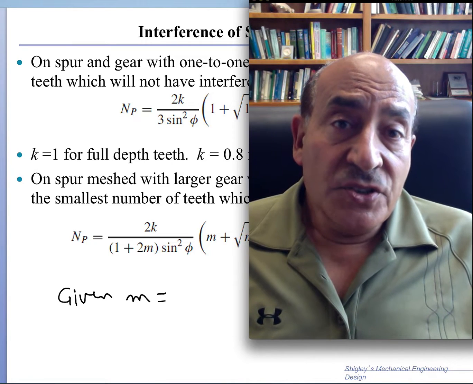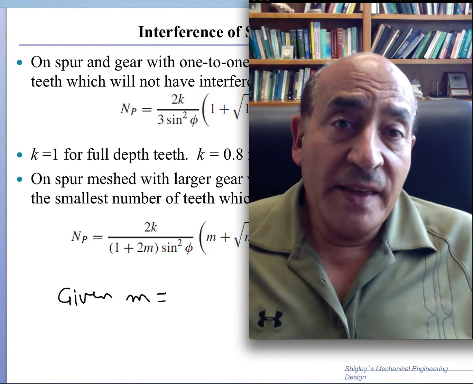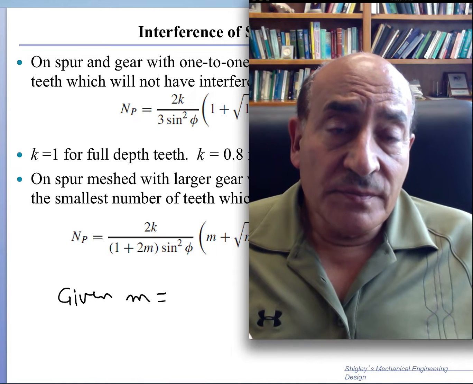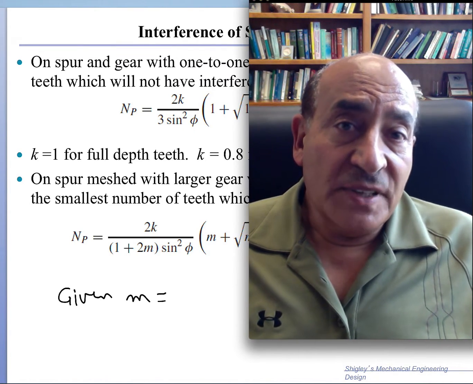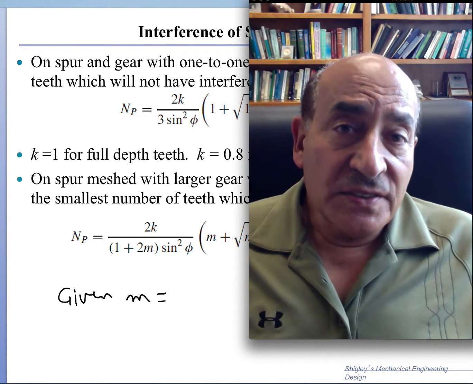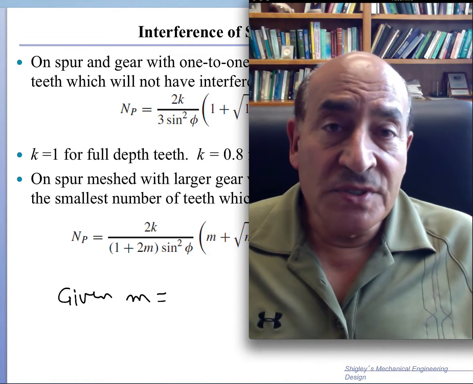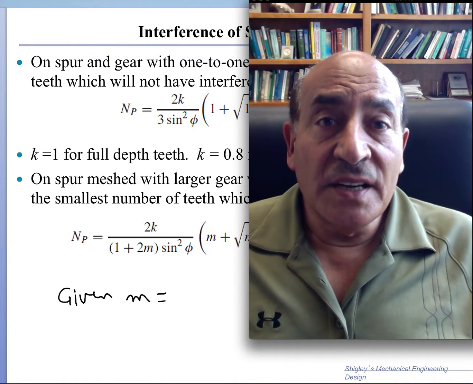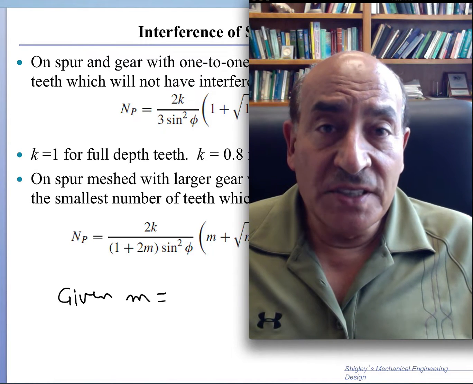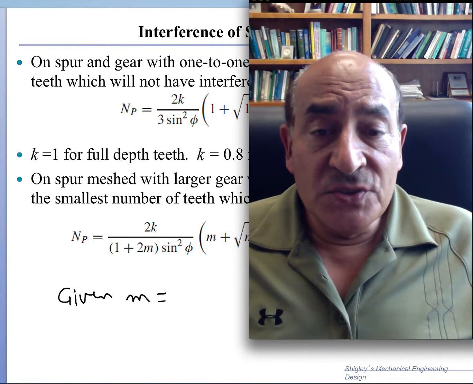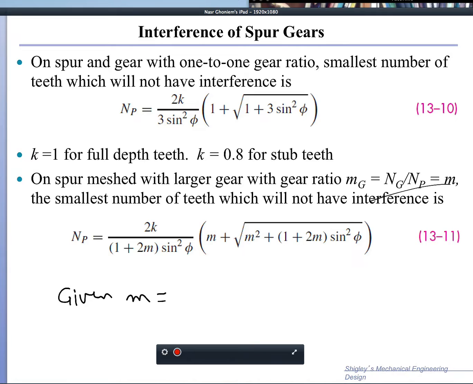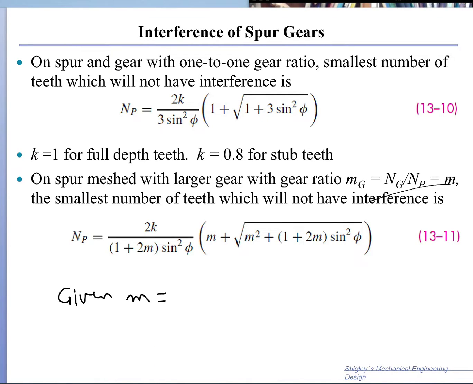That's 10, so you input 10. However, if you want to reduce the speed by a factor of 100, then you'll be out of luck, because that will be such a large reduction that you will not be able to achieve it with a one-stage gearing system. We're going to discuss this issue in a few minutes, as soon as we understand the selection process for the minimum number of teeth required for a two-stage gear train.